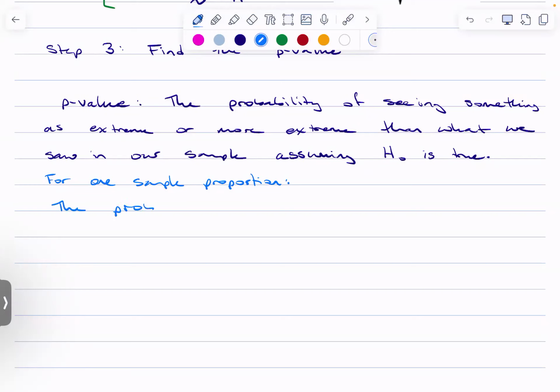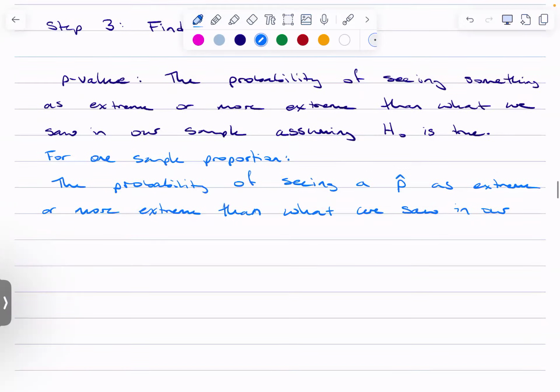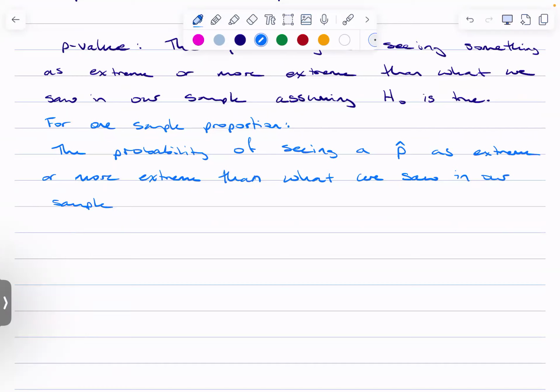So the p-value for this case is the probability of seeing a p hat as extreme or more extreme than what we saw in our sample, assuming H naught, which says that P is centered on P naught, is true.